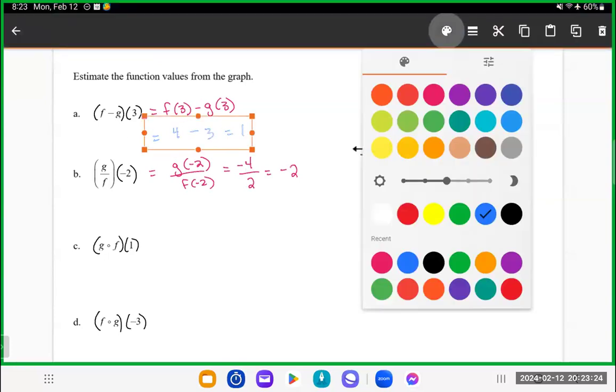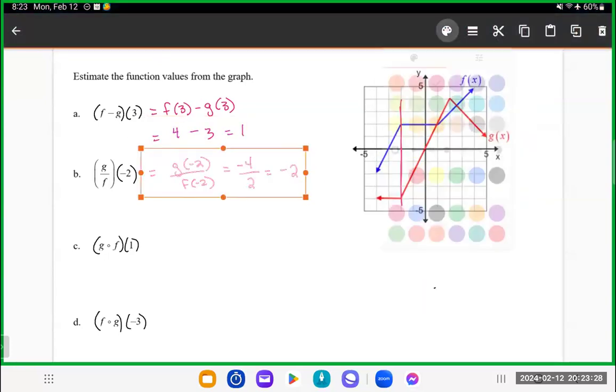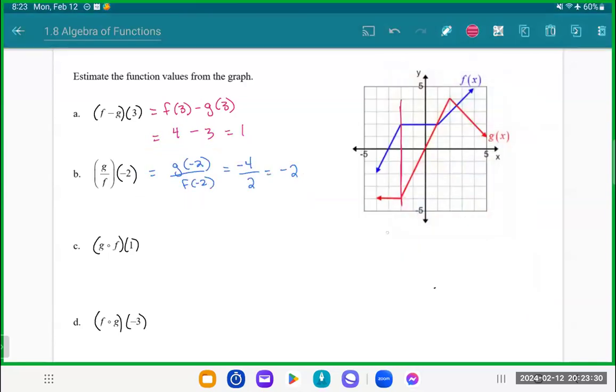Okay, question. So g of f of 1, that is saying g of f of 1. Okay.